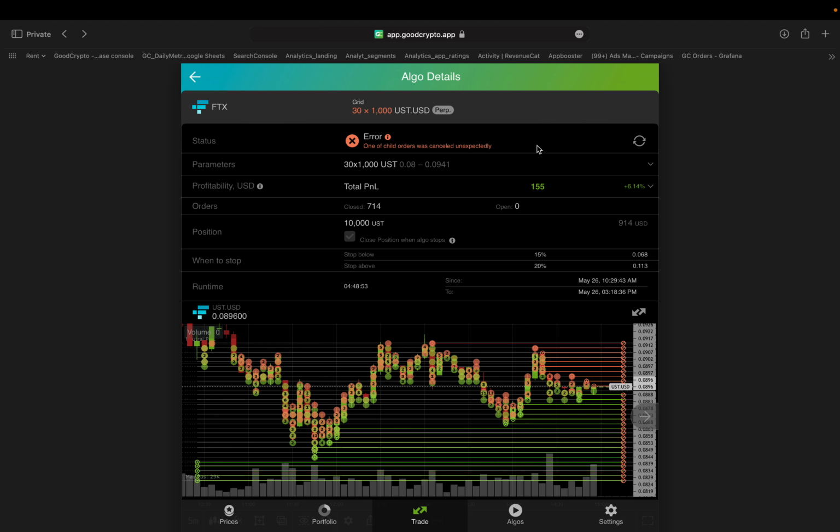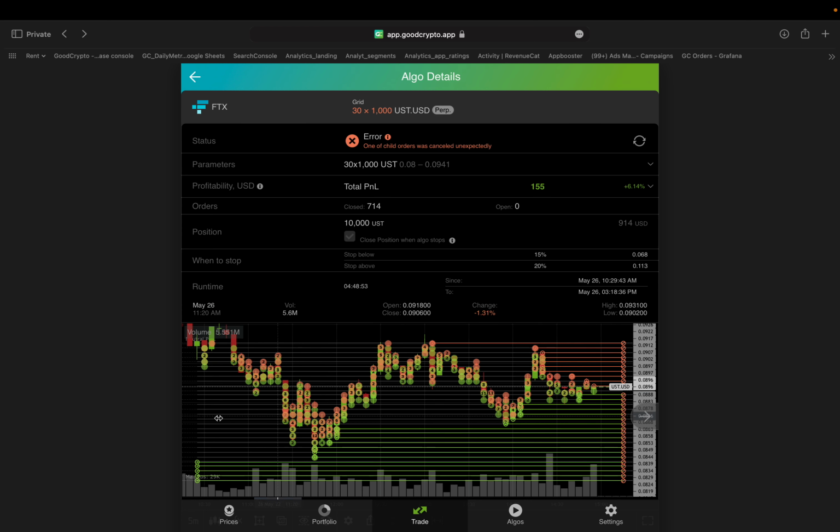I checked the chart, and sure enough, I saw a lot of volatility in a relatively tight range. So basically what I've done, I've just set up a grid on that pair, or not pair, but a derivative instrument. And again, in 4 hours, it made 120%, and would have been making more still.